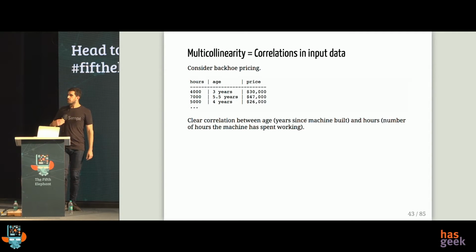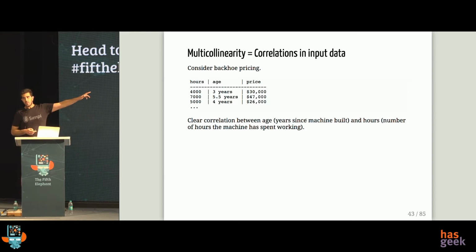The other is the age of the machine, which is how many years ago it was purchased. So except in rare cases where a machine was sitting in a barn for 2 months or for 2 years and not doing work, generally speaking, the number of hours and the age are basically the same. I mean, up to a constant. Hours is measured in hours, age is measured in years, but there's a clear linear relationship between them.